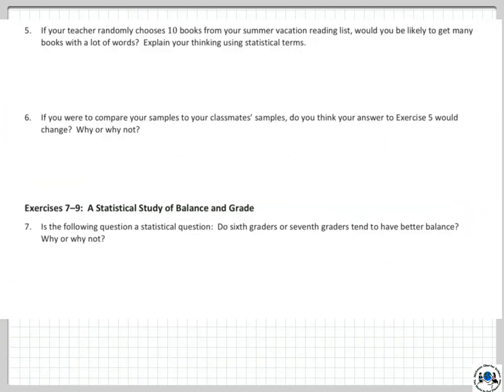So here are a couple of questions to consider. If your teacher randomly chooses 10 books from your summer vacation reading list, would you be likely to get many books with a lot of words? Explain your thinking using statistical terms.